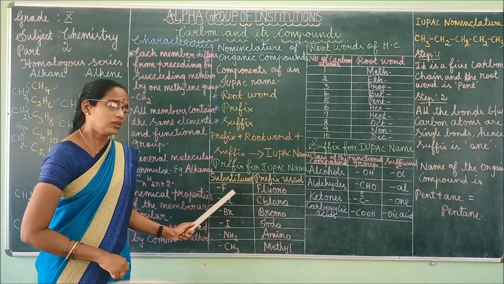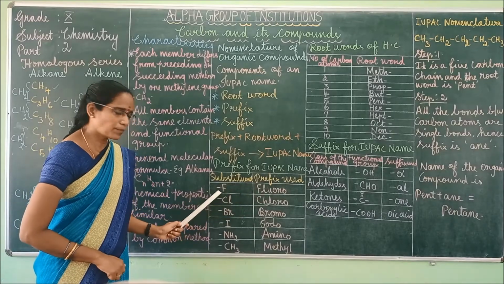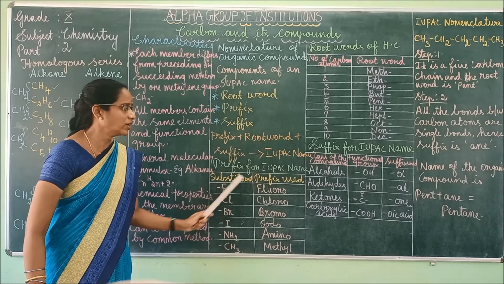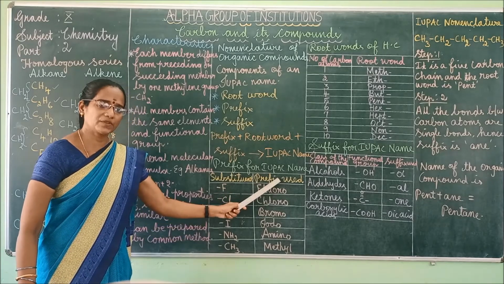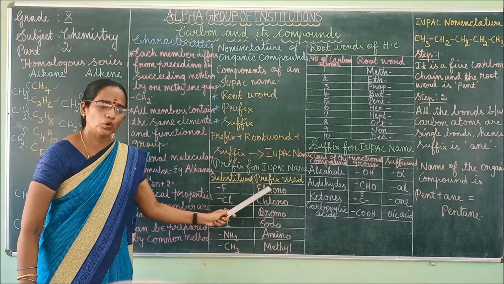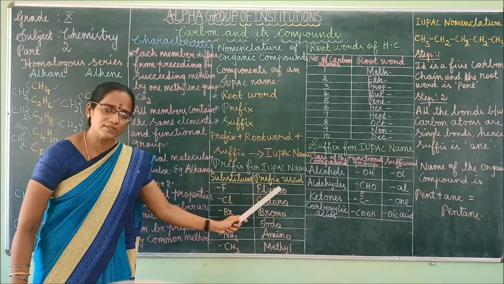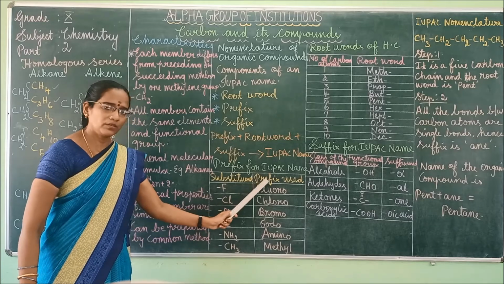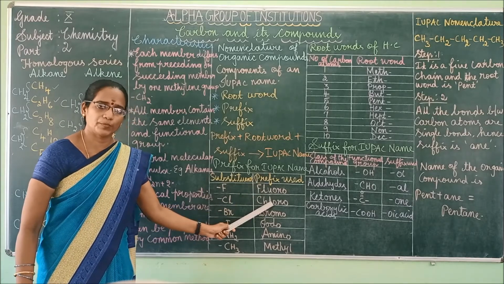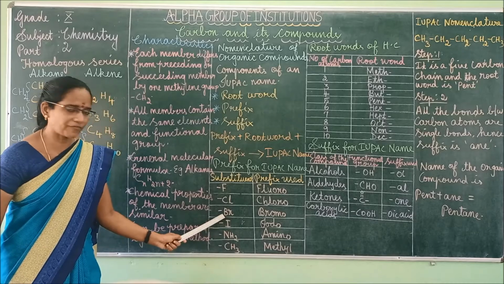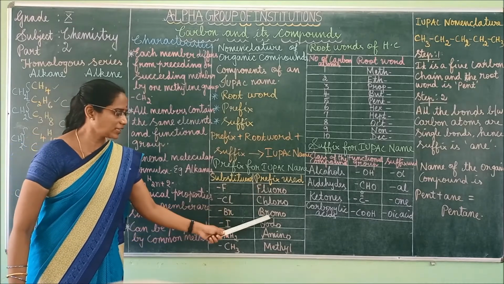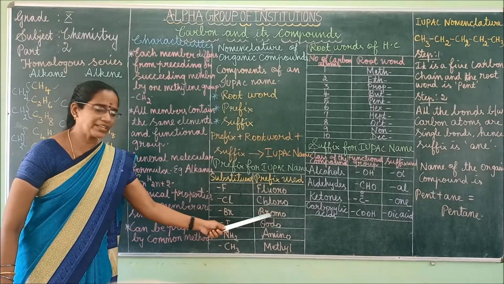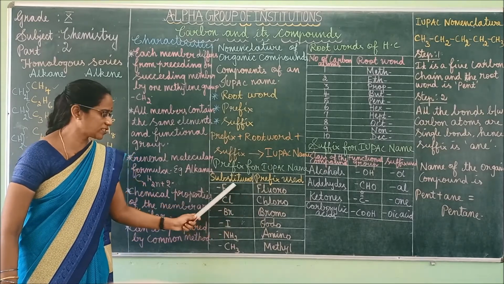Look at this tabular column. For the substituent F, we use the prefix fluoro. For Cl, the prefix chloro. For Br, bromo.